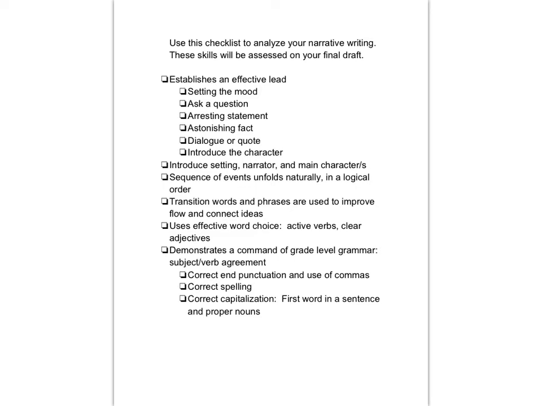And setting includes time and place. Narrator, who's telling this narrative? If you are the narrator, then you need to be consistent with saying I said, I did, using the correct pronoun, and making sure that you let me know in your writing who all the people, who are all the characters, animals, whatever, that are part of your story.